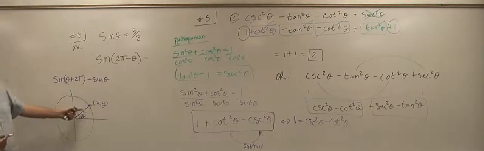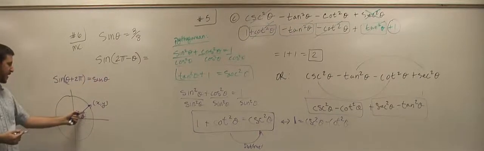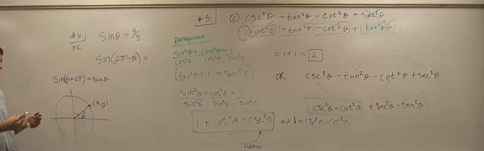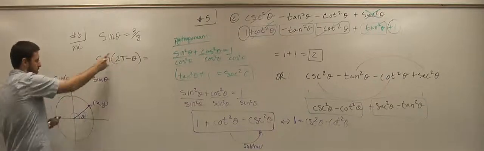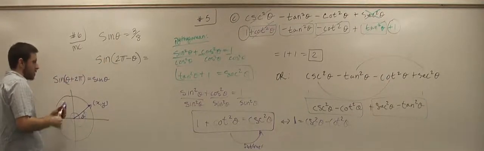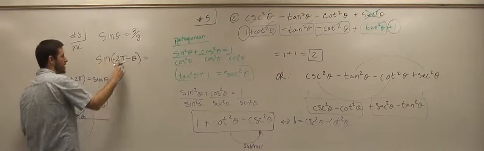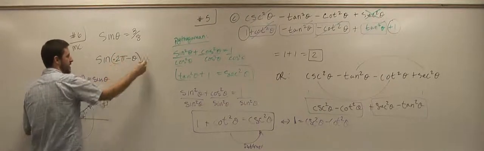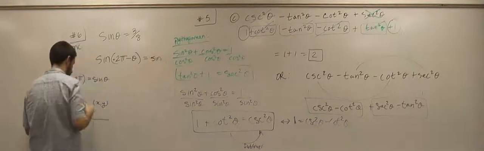But it doesn't matter whether I go a full revolution in the positive angle direction or in the negative angle direction. Although this is actually plus 2 pi, so maybe not going to do it that way. So this extra 2 pi is not going to matter. It's going to be the same thing as sine of what?